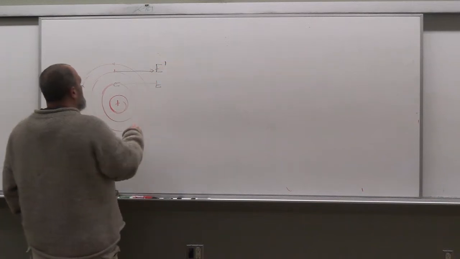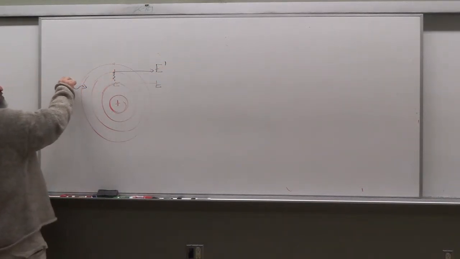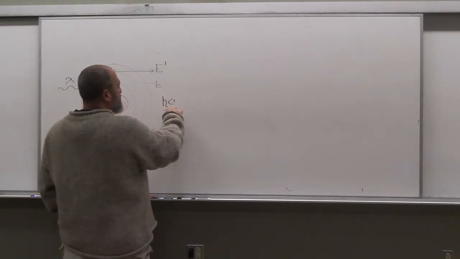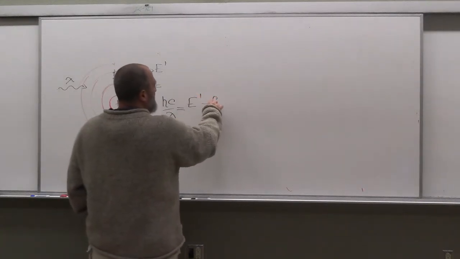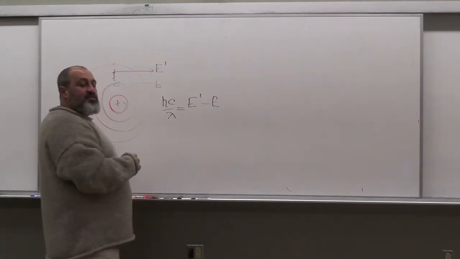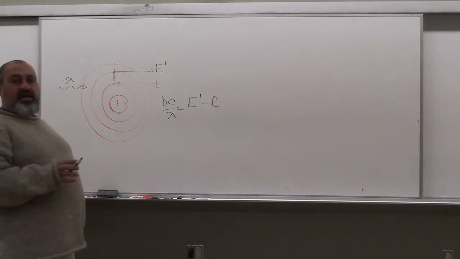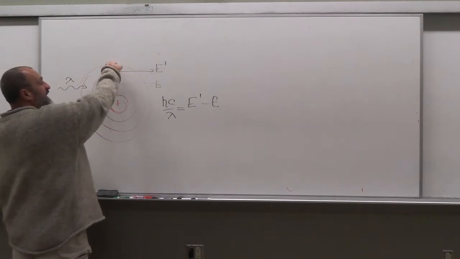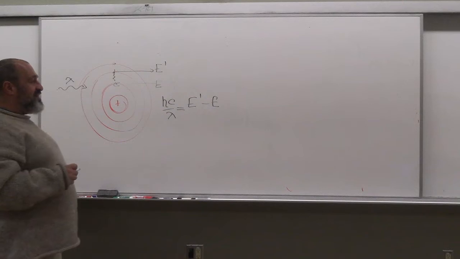For the electron to go from here to there, it will have to absorb a photon such that the energy of the photon, hc over lambda, must be exactly E prime minus E, delta E. So if it is a little more or a little less, it won't happen. That's quantum, right? It might be that the photon coming in has enough energy to take us from here to there, or from here to there.